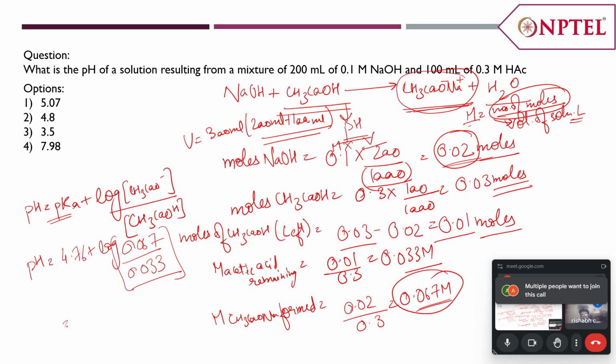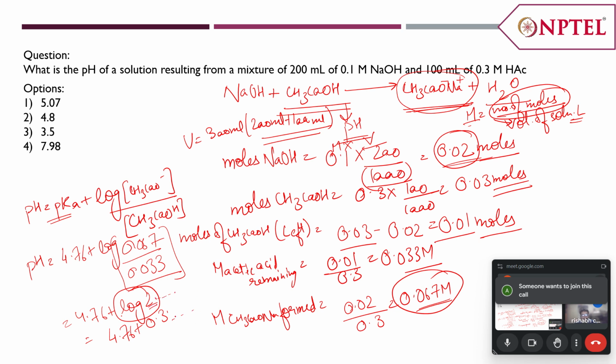Okay, then after calculation it will be around log 2 point something. As I told you in the last lecture also, the log 2 value is 0.301. So this would be nearly 0.3 something, because here the 2 is there.